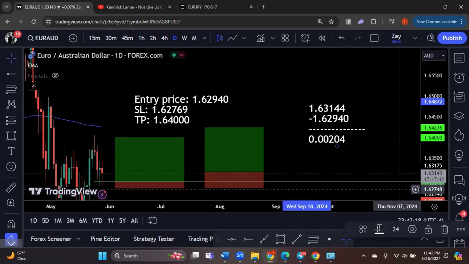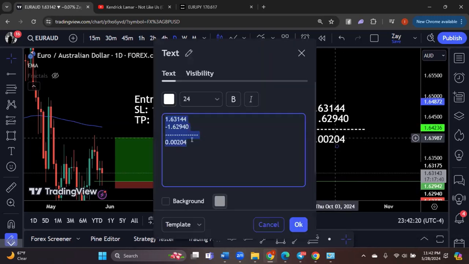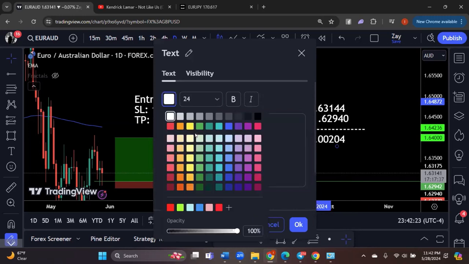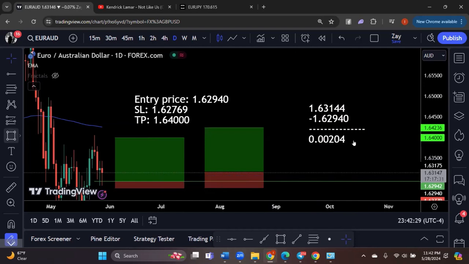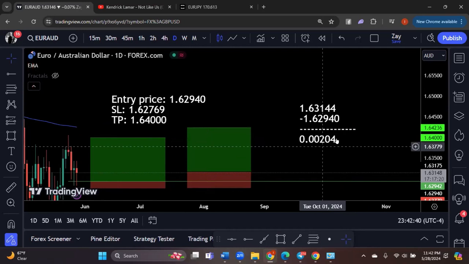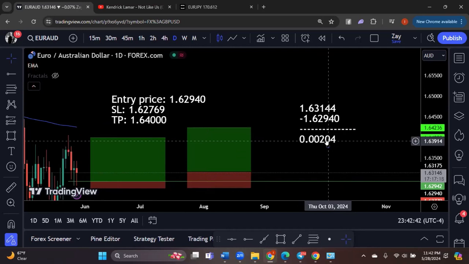let's change the color on this number four. Let's just do this. So the number four is called the pipette. We don't really pay attention to this. It matters, but it doesn't matter at the same time. So this is the pipette. This number is the pip, right?